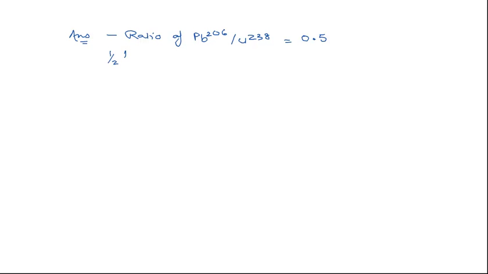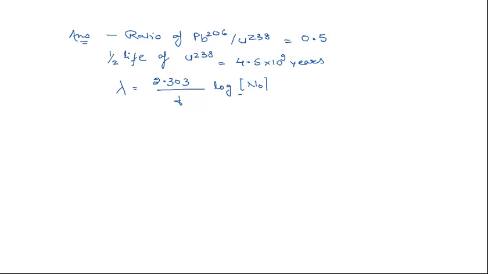And the half-life of U-238 is equal to 4.5 × 10^9 years, right? Now let's take up the formula, that is lambda is equal to 2.303 by t log of N naught by N.